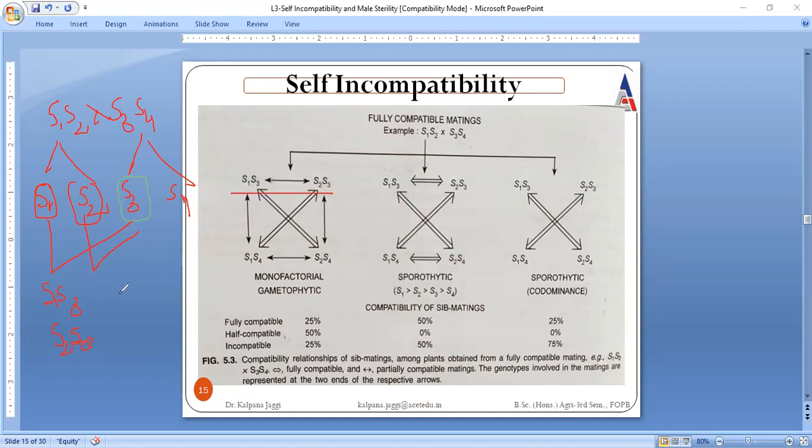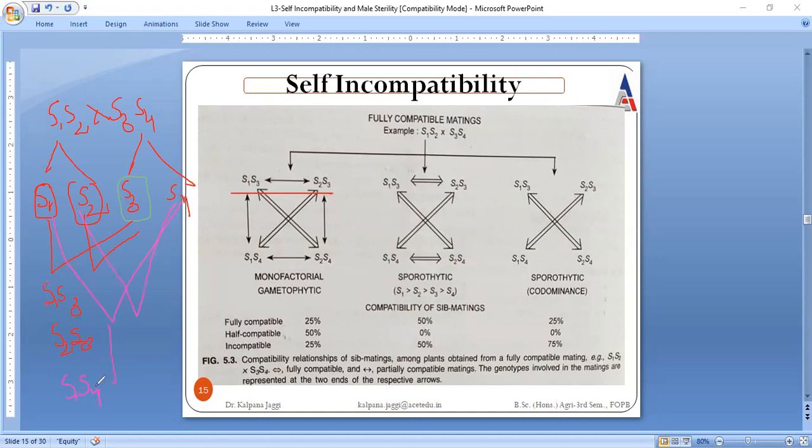Now is the case where S1 is crossing with S4 and then S2 will be crossing with S4. When S1 is crossing with S4, then we have S1, S4.